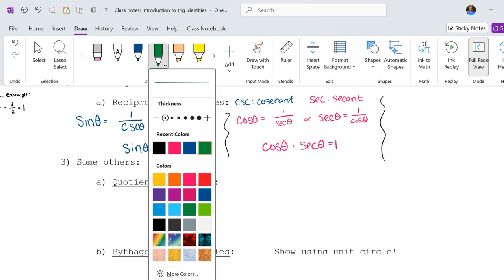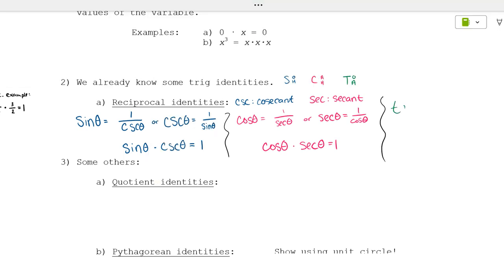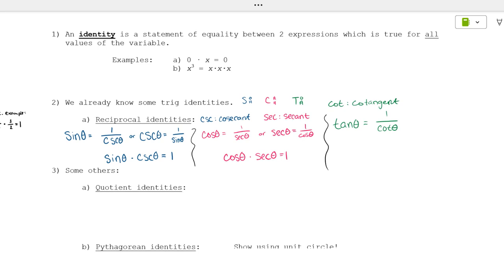Our last one is tangent. So tan of theta has a reciprocal called cotangent. And it's abbreviated COT. So COT stands for cotangent. So I can also say that cotan of theta equals 1 over tan.